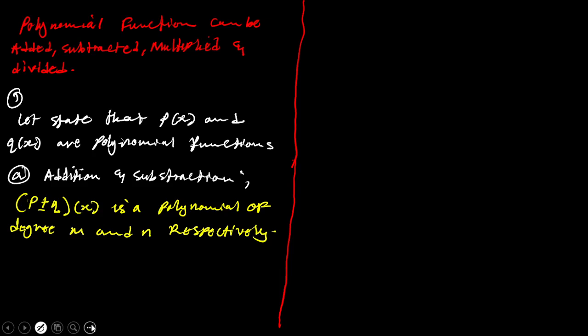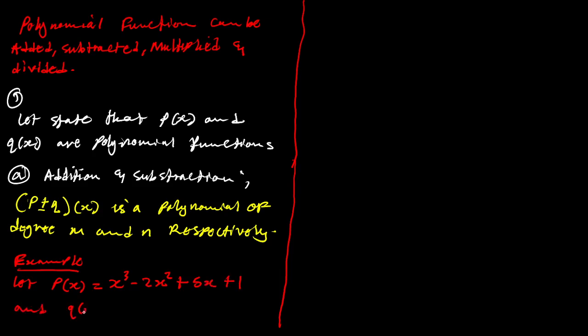So if you say let P of X be equal to, let's say, X cubed minus 2x squared, and then plus 5x plus 1, and Q of X be equal to x squared plus 3x minus 4.